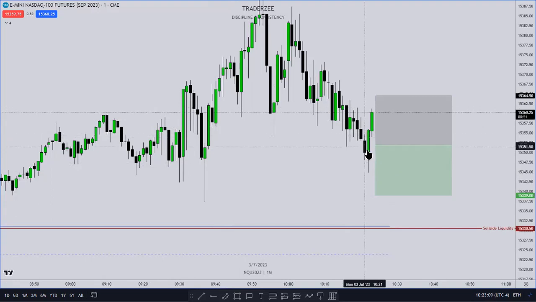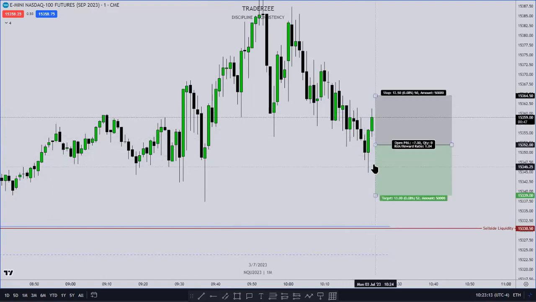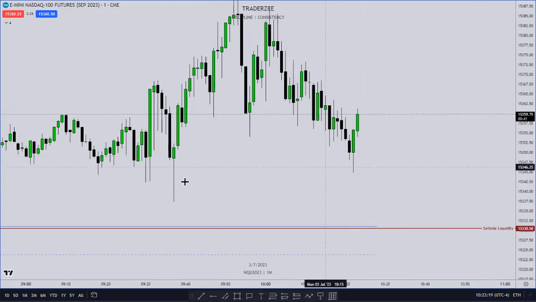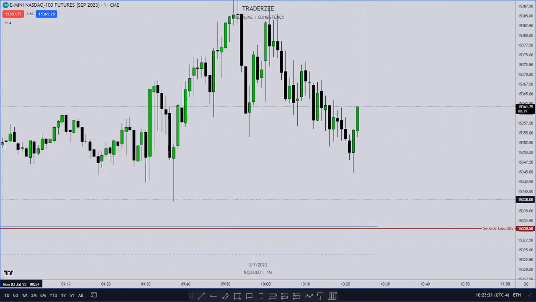I was watching to see if we get a fair value gap. Well, this candle was forming right now, and we didn't get a fair value gap. So this is invalid now. Tricky situation right now, very tricky.